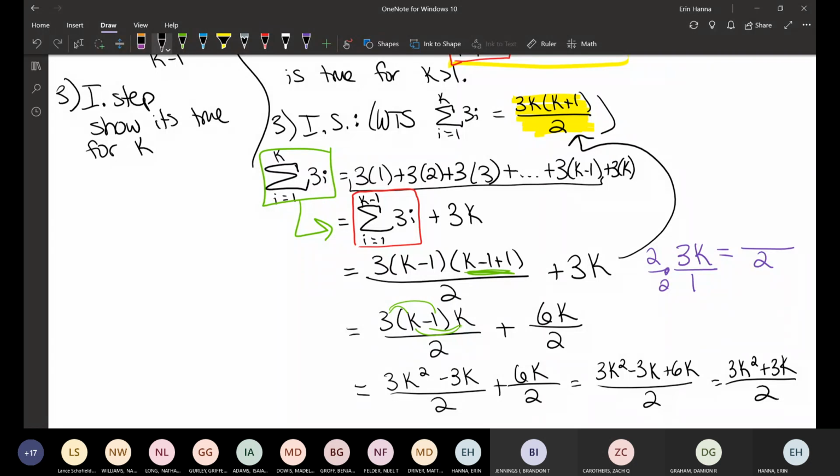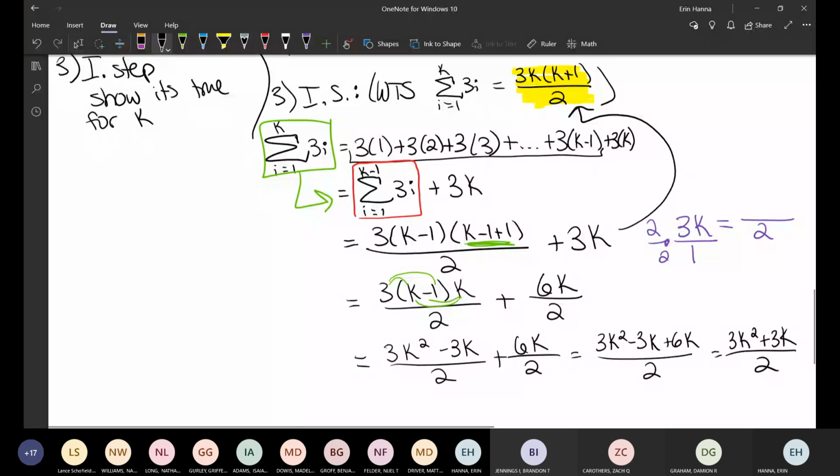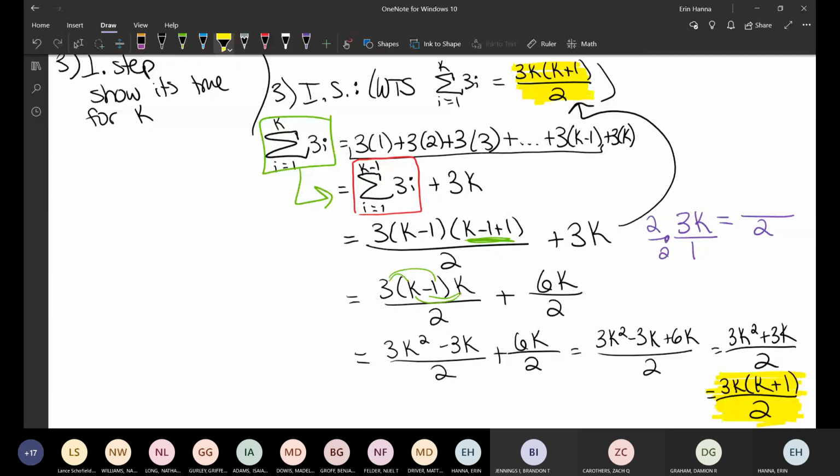If I pull that out, I will have exactly what I want, that 3k times k plus 1 over 2. So if I scroll down just a tiny bit, if I pull out a 3k from that numerator, what I've gotten is equal to the thing at the very top of the screen that's highlighted. There it is.